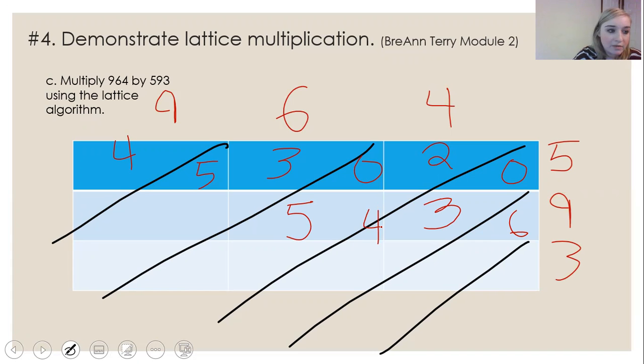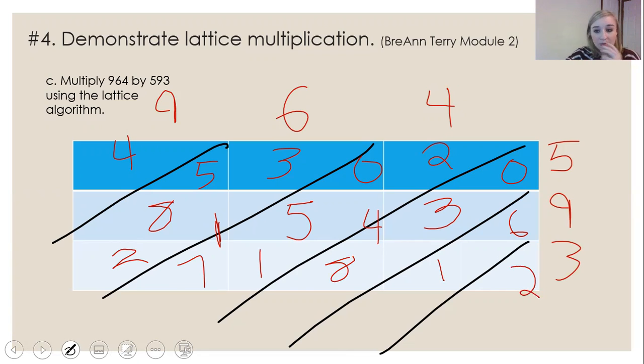And then 9 times 9 is 81. That's kind of messed up there, but we'll get the point. And 9 times 3 is 27. 6 times 3 is 18. 4 times 3 is 12. So now we're just going to be adding.